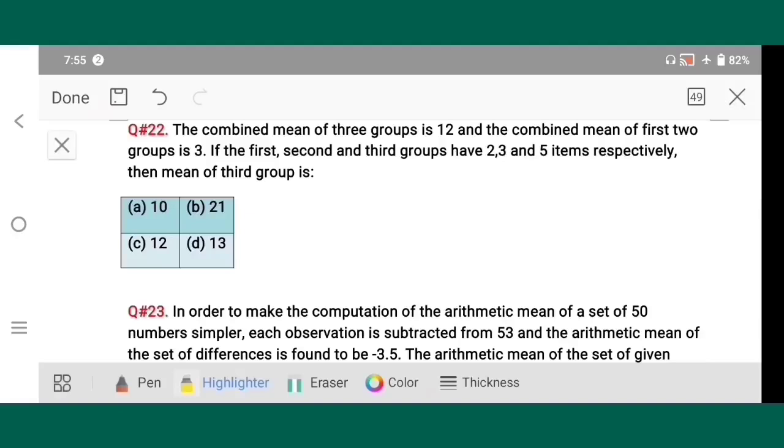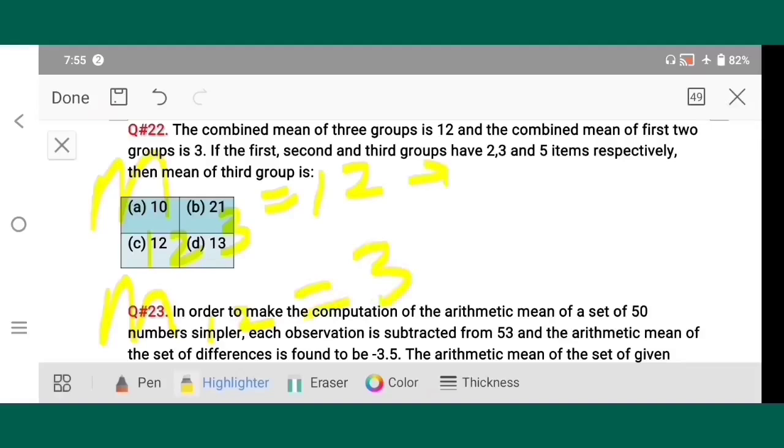So combined mean of three groups is 12. So let's say mean of the three groups, that is M1, 2, 3 is equal to 12. And the combined mean of first two groups is 3. Let's say first two groups mean of 1, 2, that is first and second group is 3.